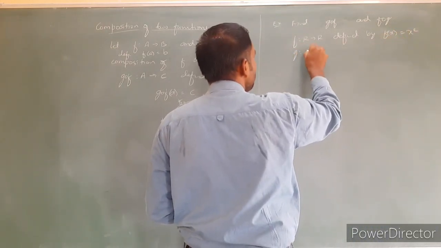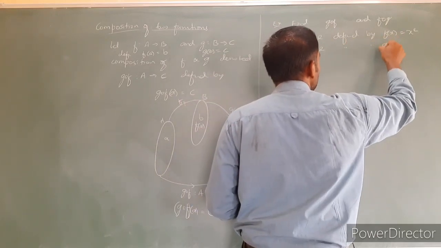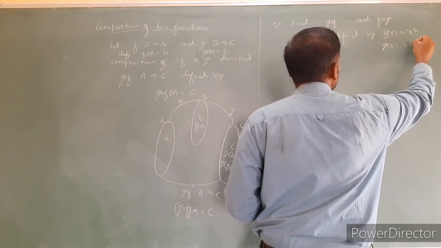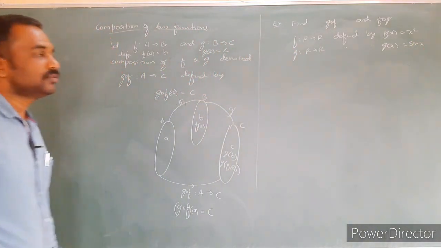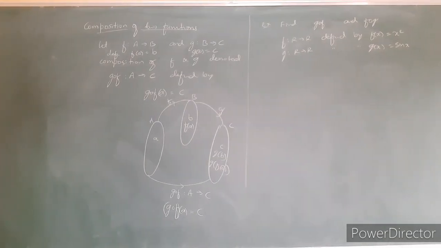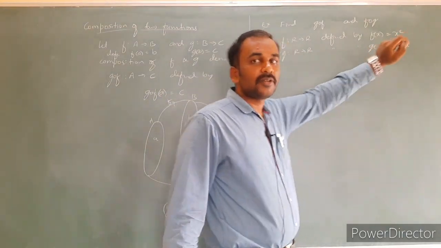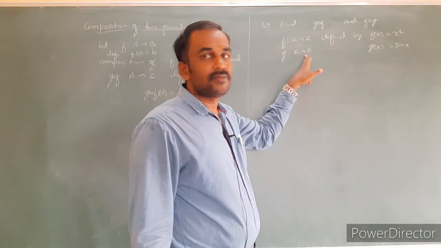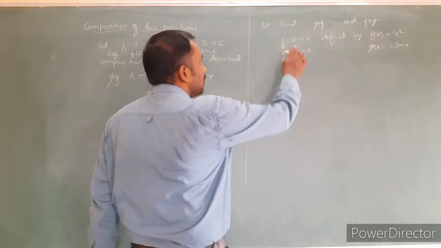G is a function from R into R defined by G of X is equal to sin of X. So they have given two functions. One function is F, with domain and codomain the set of real numbers, defined by F of X is equal to X square. Another function G is from R into R defined by G of X is equal to sin X.